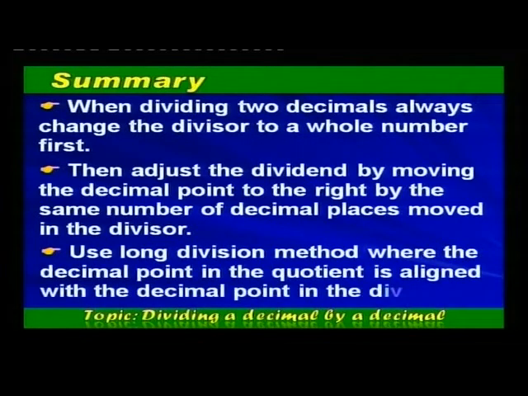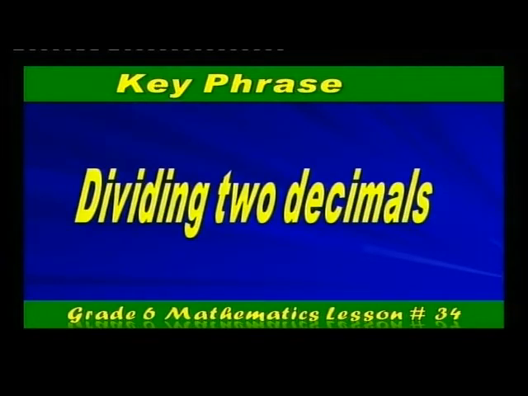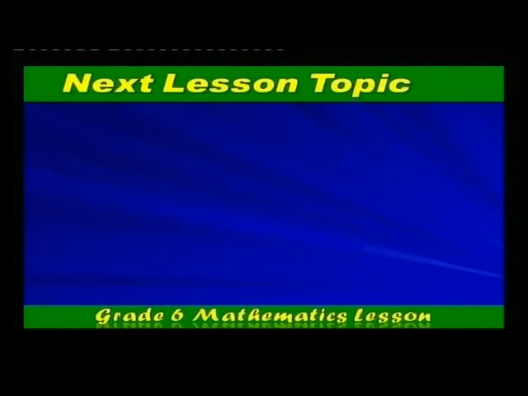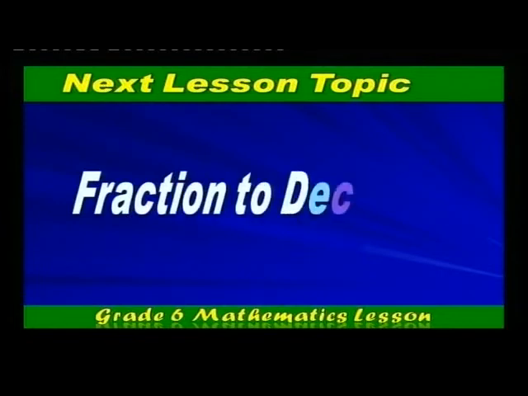Once you have that, you are now able to use the long division method where the decimal point in the quotient is in line with the decimal point in the dividend. Our key phrase for today, dividing two decimals. Next lesson topic, fraction to decimal.